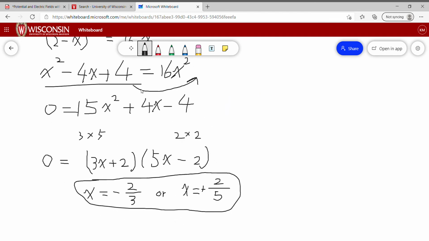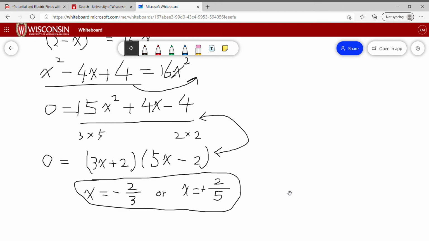We can factor this into 3x plus 2 times 5x minus 2. These two are equivalent. We find that x has two solutions: the first is minus 2 over 3, and the second is 2 over 5.